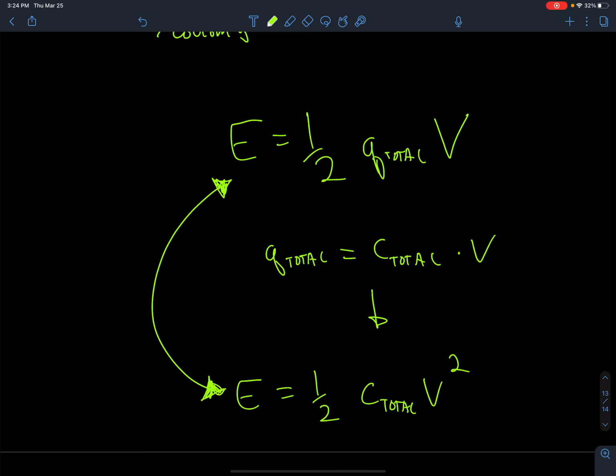So if they ever ask you to calculate the energy stored in a capacitor, you can do two things. You can find the total charge, multiply it by the voltage applied across the capacitor, and multiply by 1/2, and that would give you the energy. Or you take the total capacitance, multiplied by the voltage applied across the capacitor squared, times 1/2, and that would give you the energy.